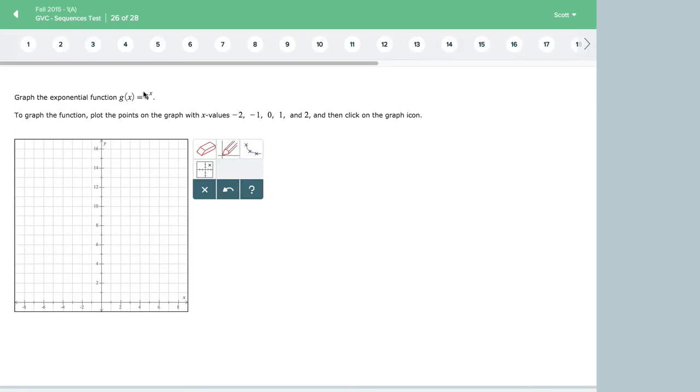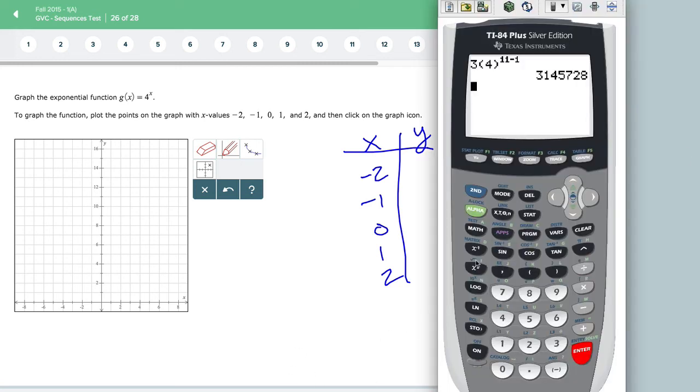Number 26, another graphing. And that's fine. We do our t-chart. Here's our t-chart. We have x and we have y. -2, -1, 0, 1, 2. And I'm just going to plug it into my calculator and let it do the work.